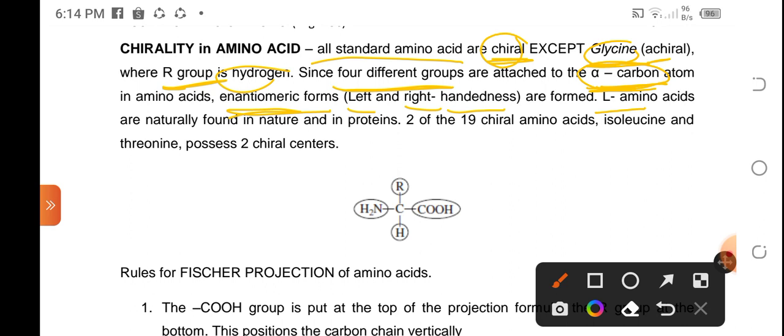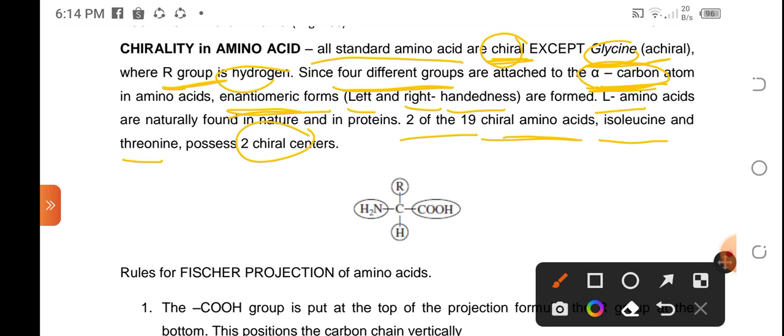Okay, so 2 of the 19 chiral amino acids, isoleucine and threonine, possess 2 chiral centers because of the structure in the residue or in the side chain.